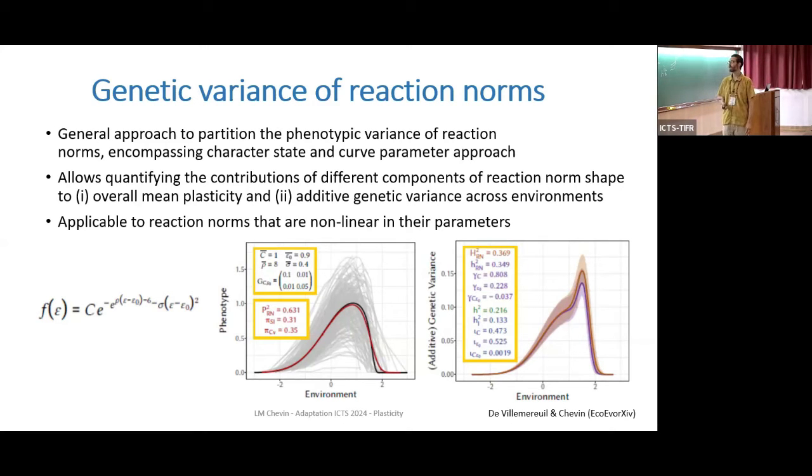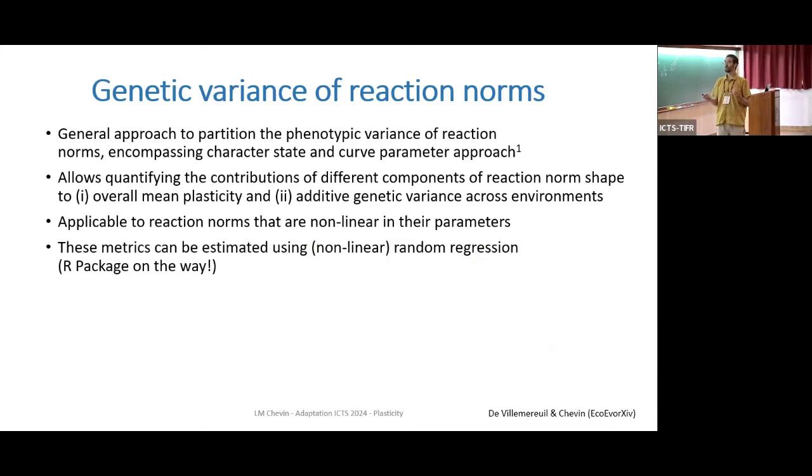This is the point. And you can do it in models where you cannot apply linear modeling. So the idea is to use random regression. It's been pointed out by other people, except that this can also be nonlinear random regression, which makes it a bit more general, I guess. For more details, ask Pierre. I mean, I shouldn't say that.